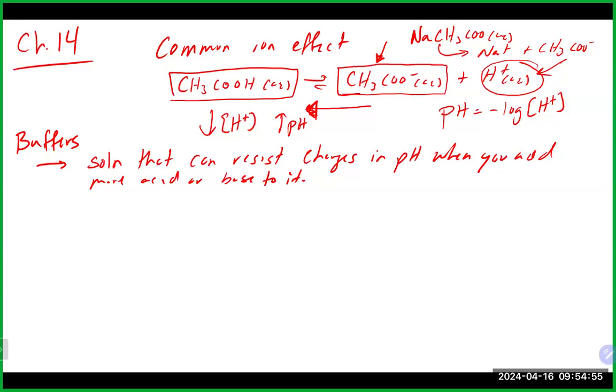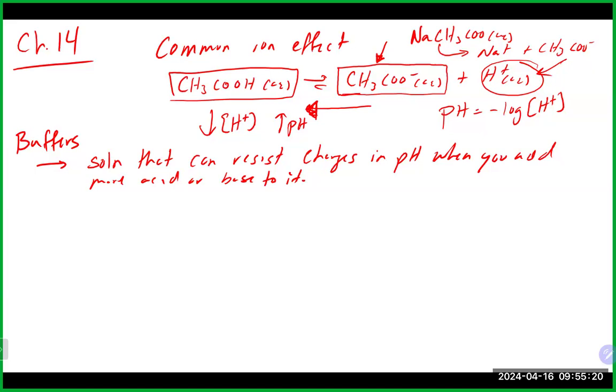The way that a buffer is able to work is based on what it is made out of. Another important thing we talked about is that a buffer is not necessarily a neutral solution. You can have a buffer at any pH that you make. It just means whatever pH it's at, it will be able to maintain that pH when you add acid or base.